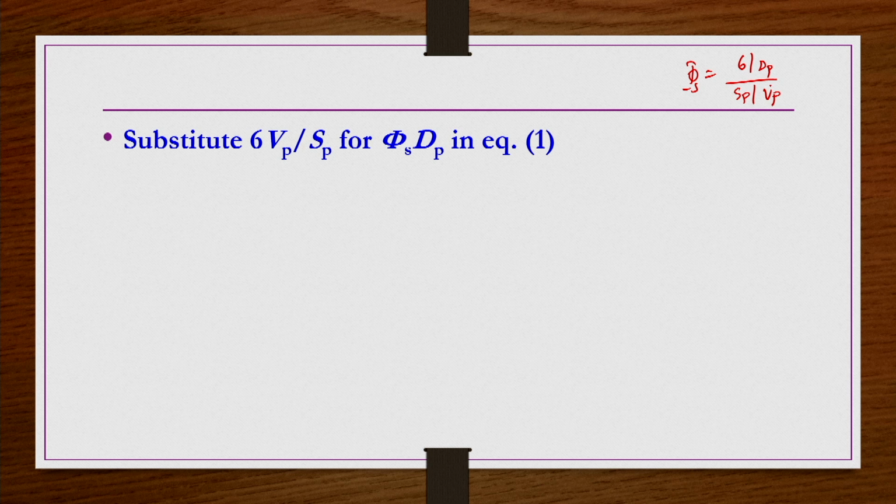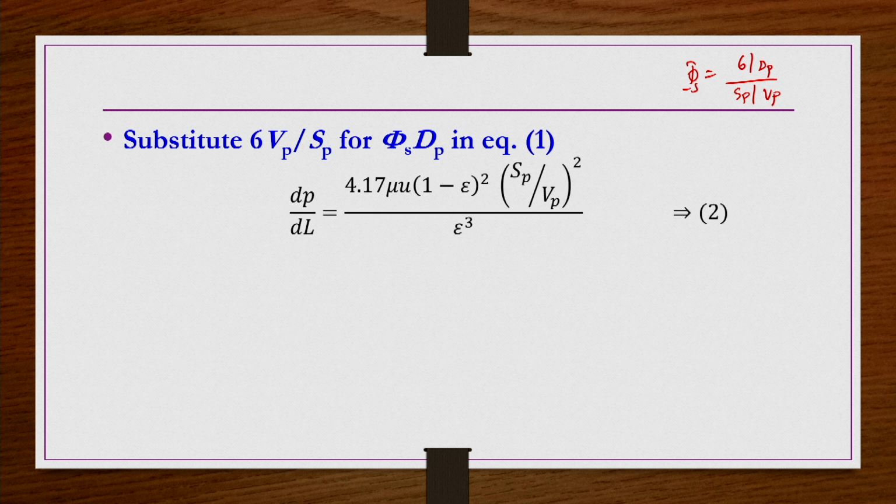So, if you write 6 Vp by Sp in place of phi s dP in the above equation, the same equation will be written as 4.17 mu u (1 minus epsilon) whole square, and then phi s dP is nothing but 6 Vp by Sp. So, we can write Sp by Vp whole square on the numerator side.